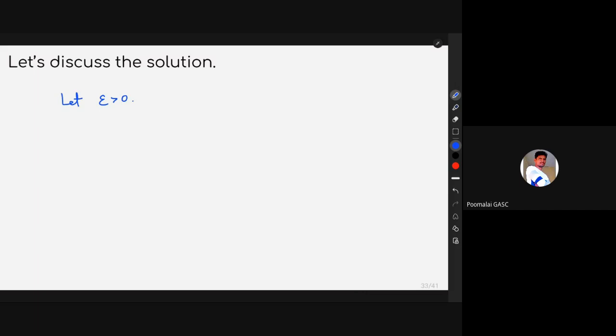Yeah. We need to choose some N epsilon. Okay. So we choose N, a natural number, such that 1 over square root of n, this modulus, is smaller than epsilon for all n greater than N. Okay.